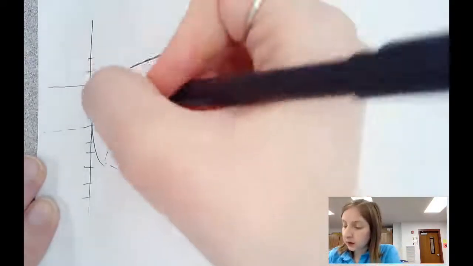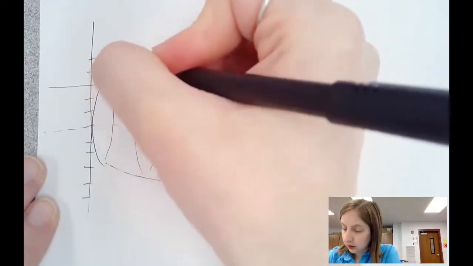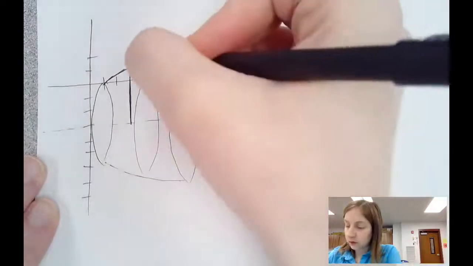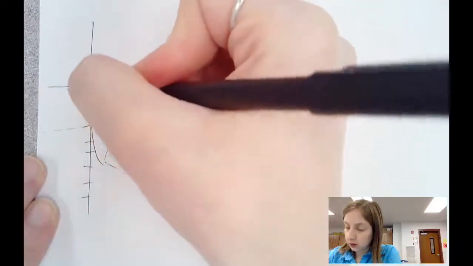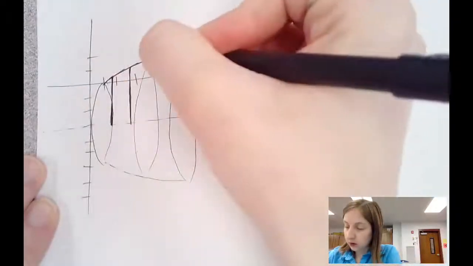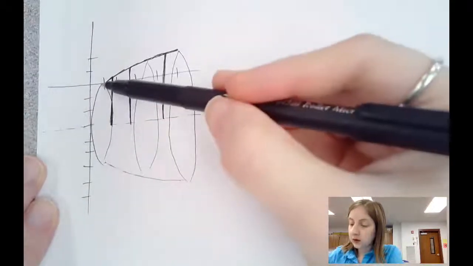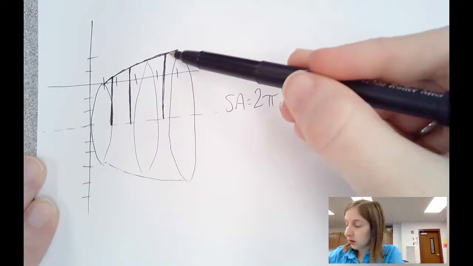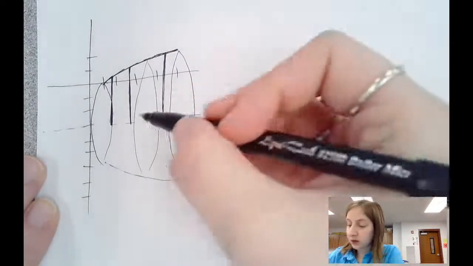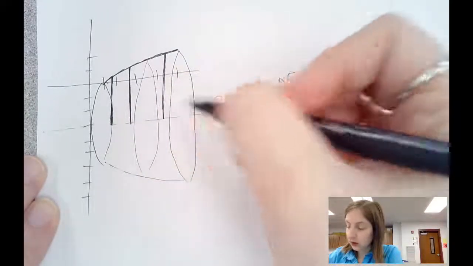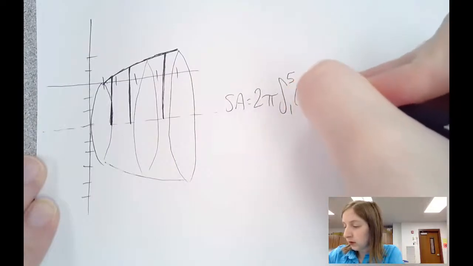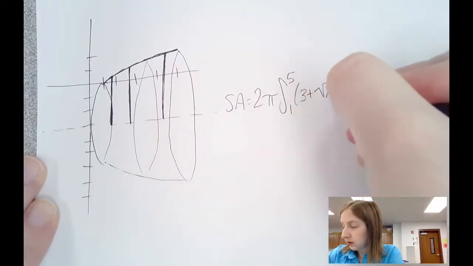This time our radius is this line here. It changes depending on where we are along our curve. So this, from the axis to the line, is our square root of x minus 1, but then we also have this section here that's always 3. So 3 plus square root of x minus 1.